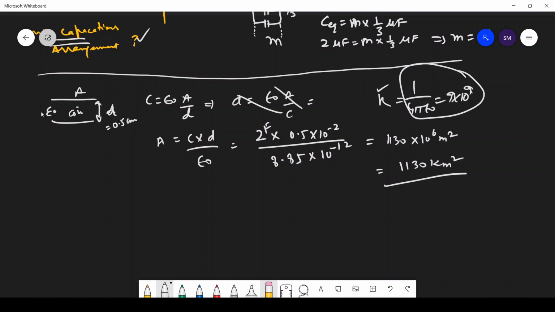And the capacitance of this capacitor is 2 farad. So this much is the area. Can you imagine? This much is area. Is it practically possible? No. So this much is the area required for this. If you can further reduce the distance between the plates, but you will have some other problems. So that's the area.